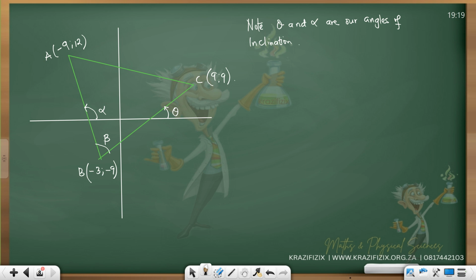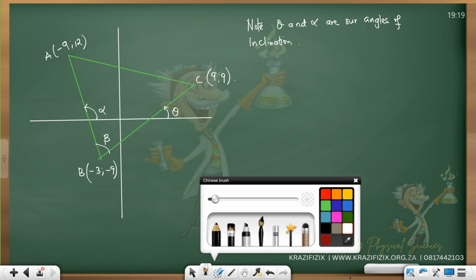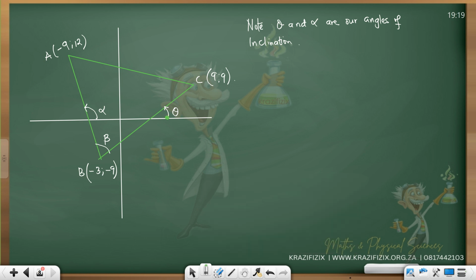Beta is not an angle of inclination. Let me know if what I just said makes sense. Beta is not an angle of inclination because it is not measured from the x. Angle of inclination is always from the x.